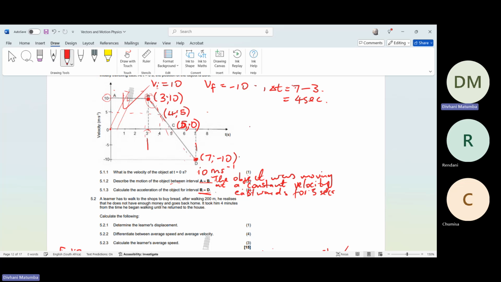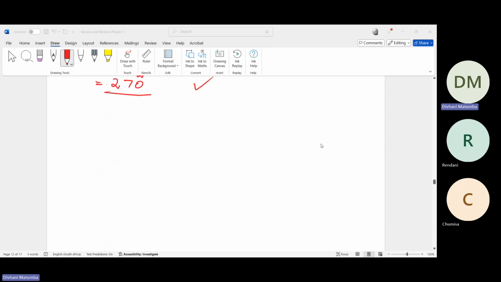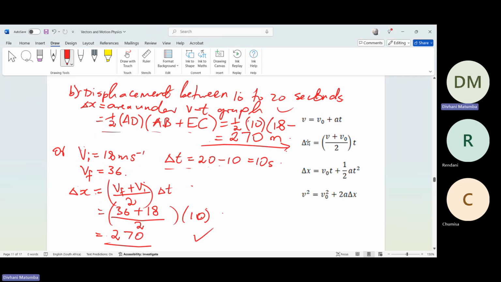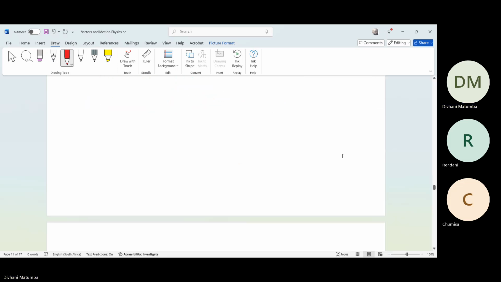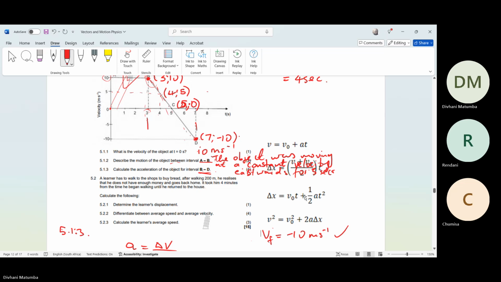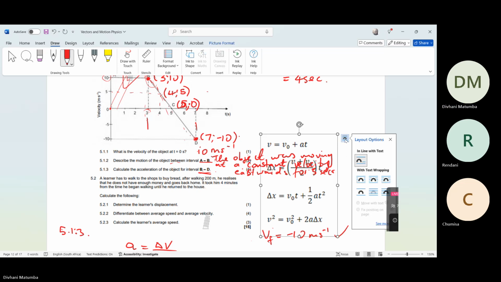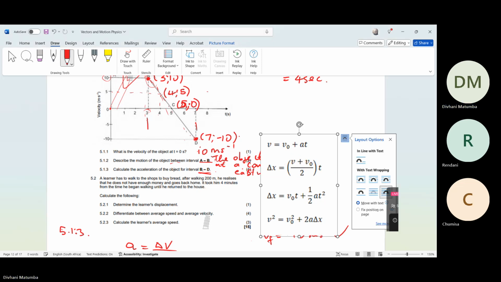Now, if you consider the equations of motion above, let me show you where they are. Let me copy and paste again. Which equation of motion were you going to use, Rendan?